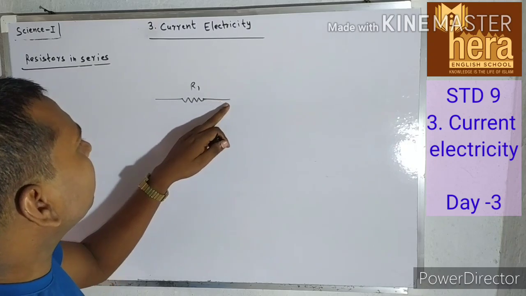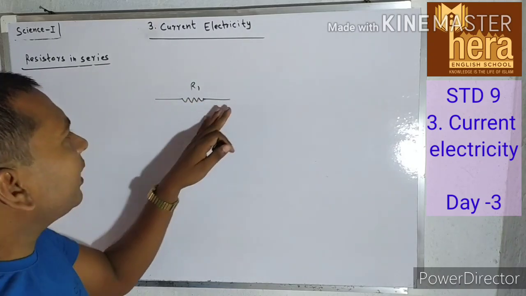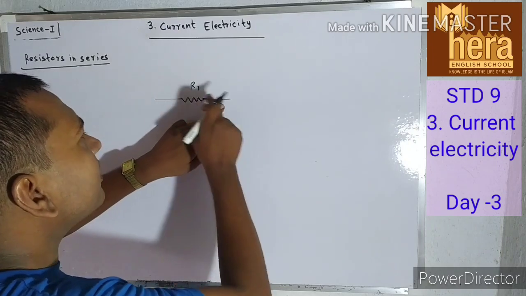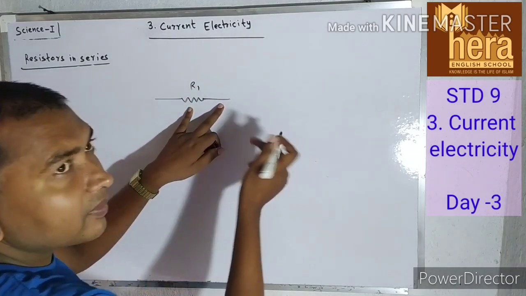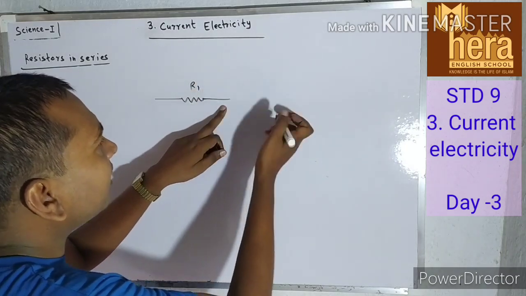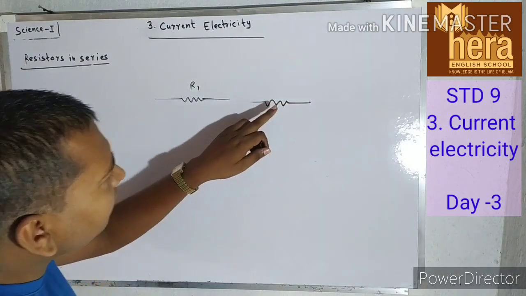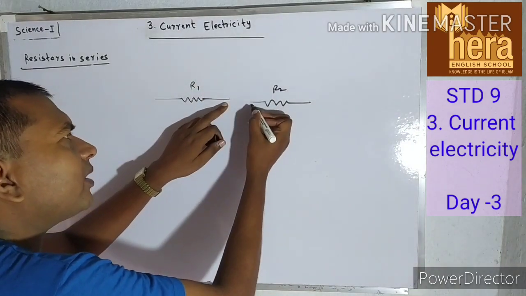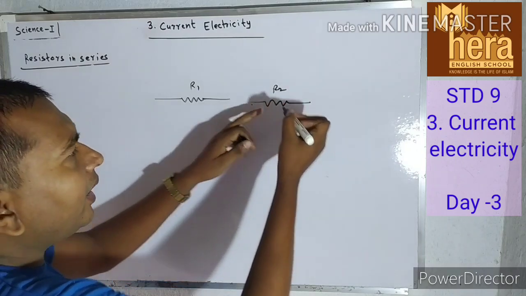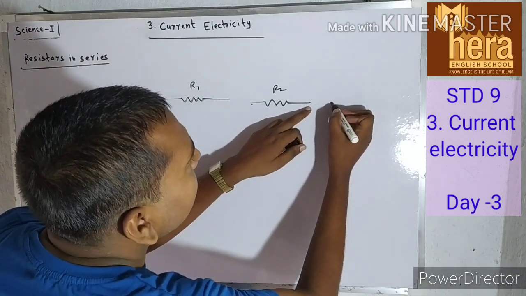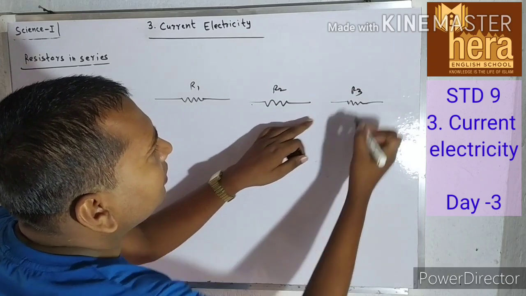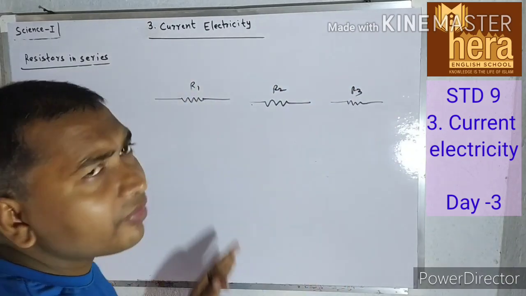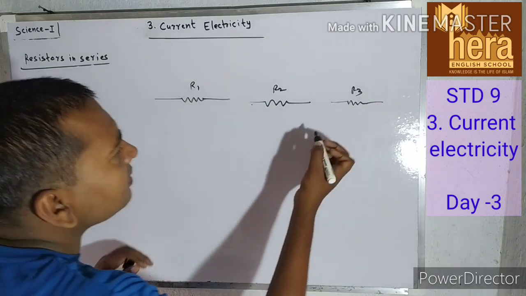If the second terminal of resistor R1 is connected to the first terminal of resistor R2, and the second terminal of resistor R2 is connected to the first terminal of resistor R3, this type of arrangement is called resistors connected in series.